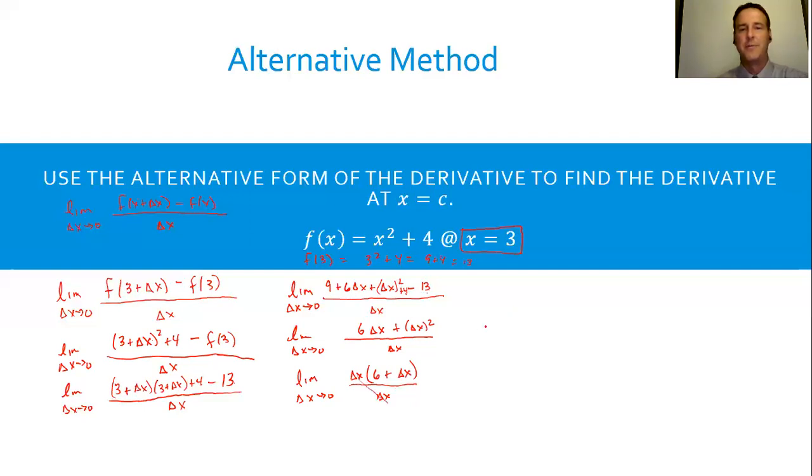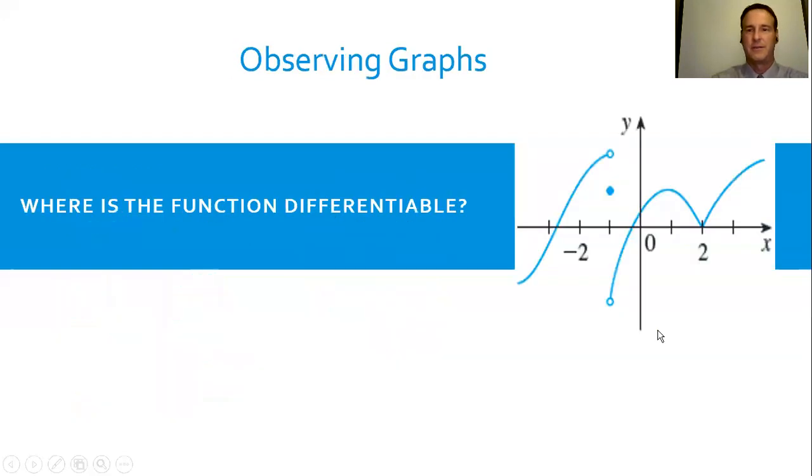And so I'm almost done. I have the limit as delta x goes to 0 of 6 plus delta x. And again, as this item goes to 0, I'm left with 6 plus 0, or 6. That went fast.